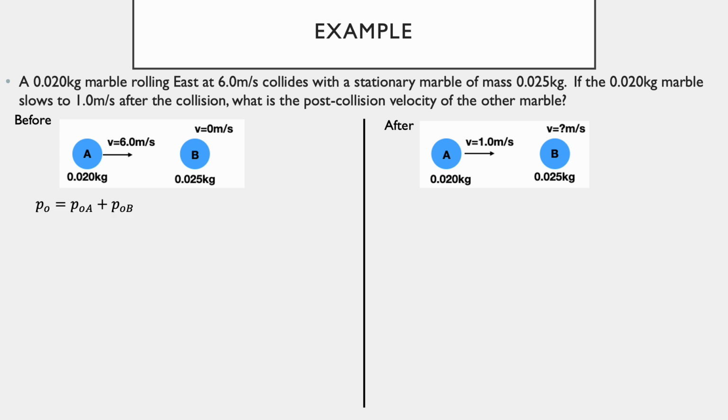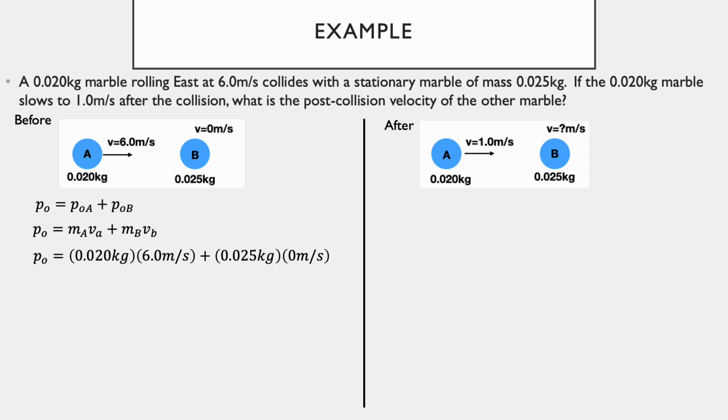So before the collision, the total momentum would be the momentum of marble A plus the momentum of marble B initially. So we can substitute in our momentum equations for each of those. So we have our initial momentum is mass of A times velocity of A plus mass of B times velocity of B. And those are all with our initial values.